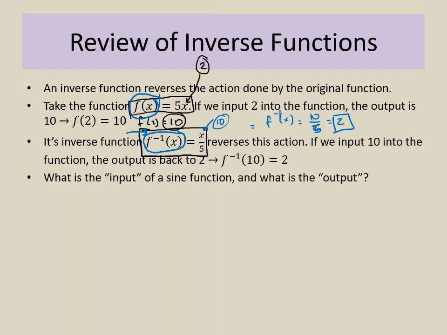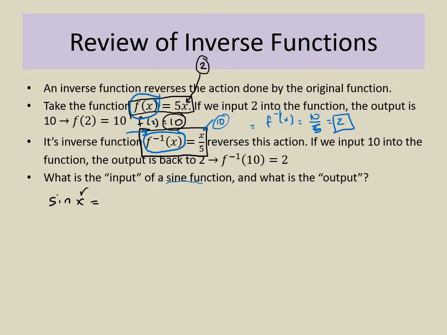So now let's take this concept and apply it to trigonometric functions. So let's start with the sine function, for example. So sine of x equals some value. So what is the input of the sine function?